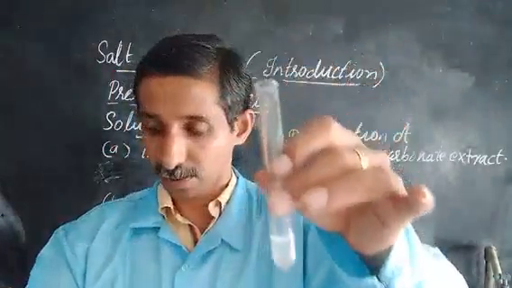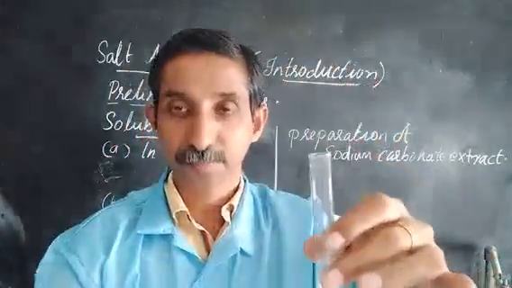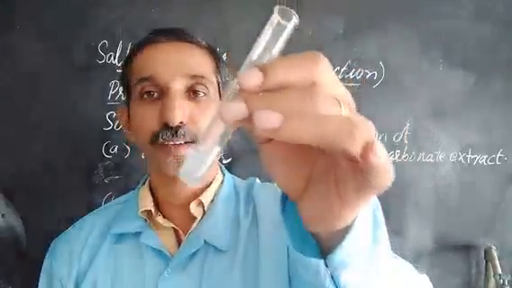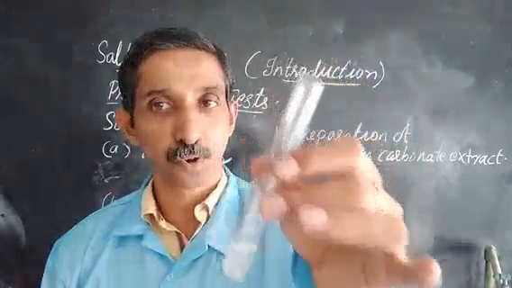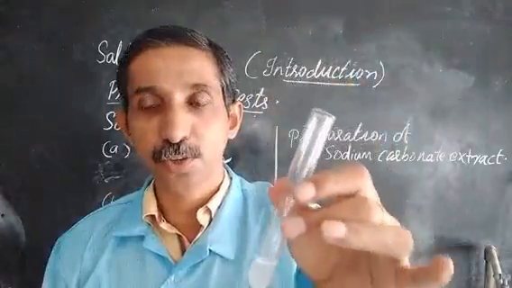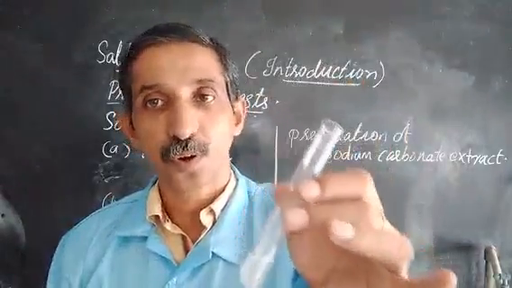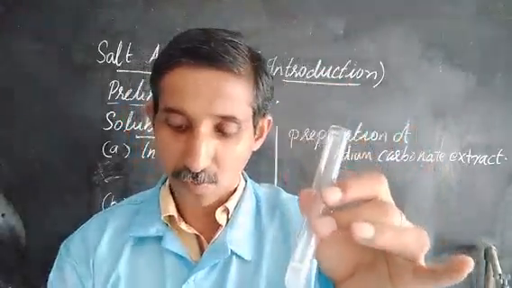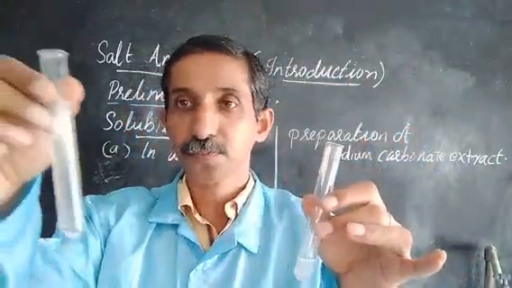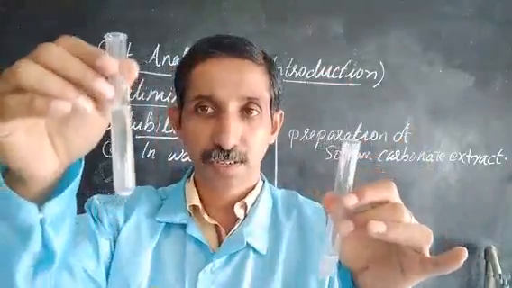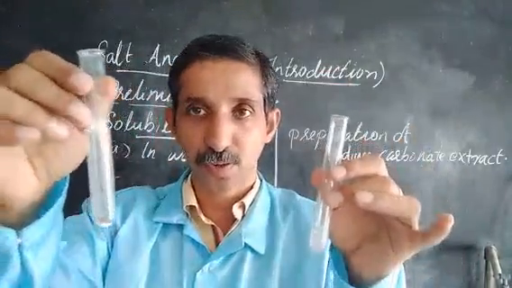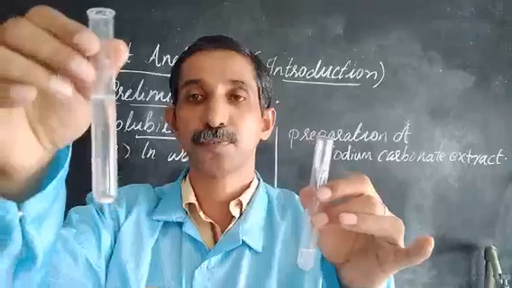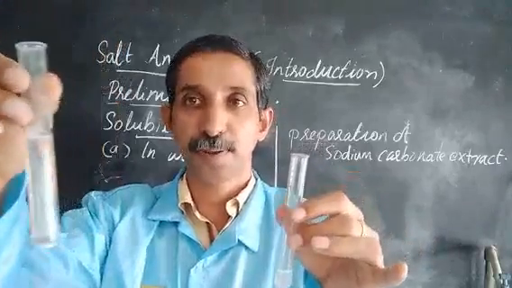As you found it soluble, you may genuinely have a doubt that the salt can be ammonium. In order to clear that, we will take the sodium carbonate solution. This is what we prepared earlier, no? A little bit of extra I have prepared.